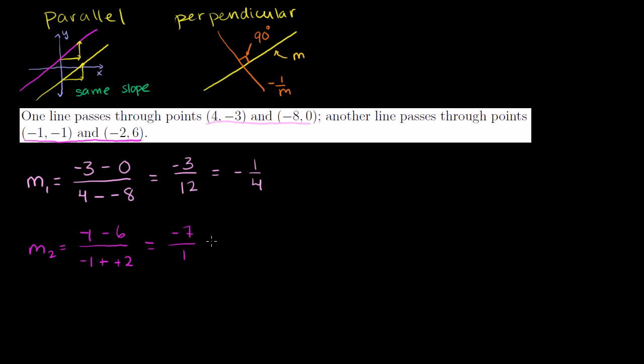Well, that's just 1. So the slope here is negative 7. So here their slopes are neither equal, so they're not parallel, nor are they the negative inverse of each other. So this is neither parallel nor perpendicular. These two lines intersect, but they're not going to intersect at a 90-degree angle.